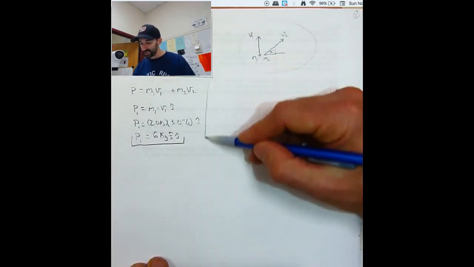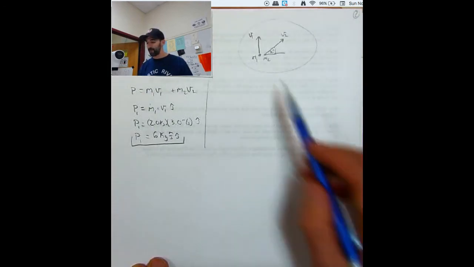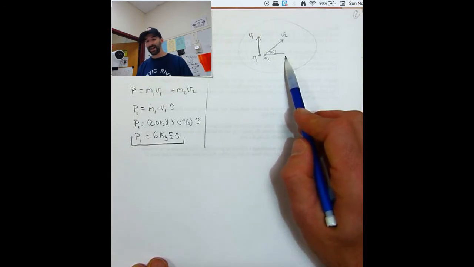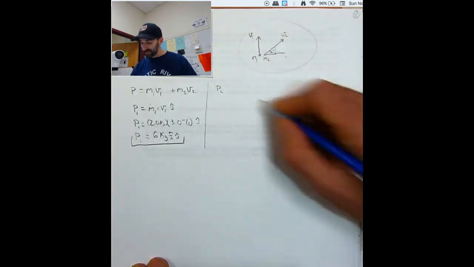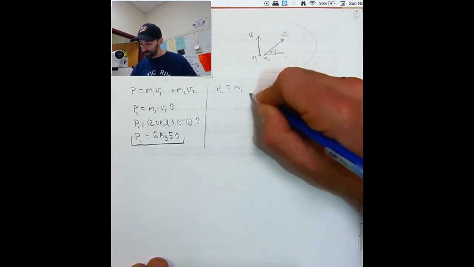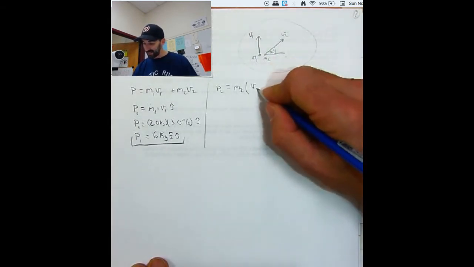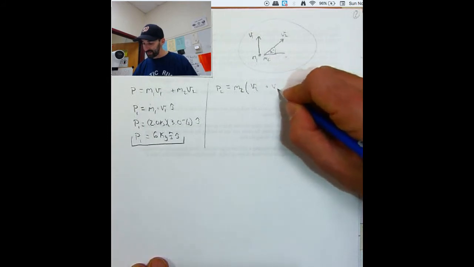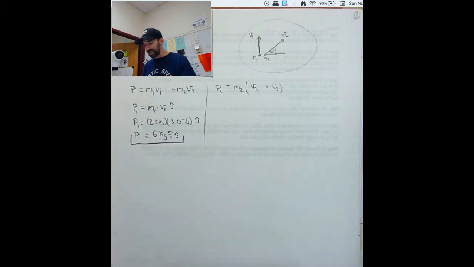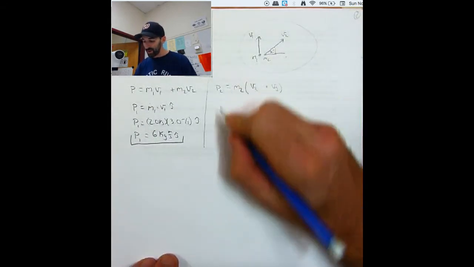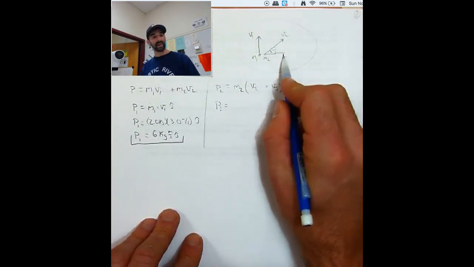My momentum of object 2 now is M2V2, but V has component velocities. It's got an I hat and a J hat velocity. So my momentum 2 is really equal to M2 times V in the I hat plus V in the J hat direction. In order to calculate that, this is not going to be hard, nothing we haven't done before. The I hat direction is going to be a factor of cosine, right?